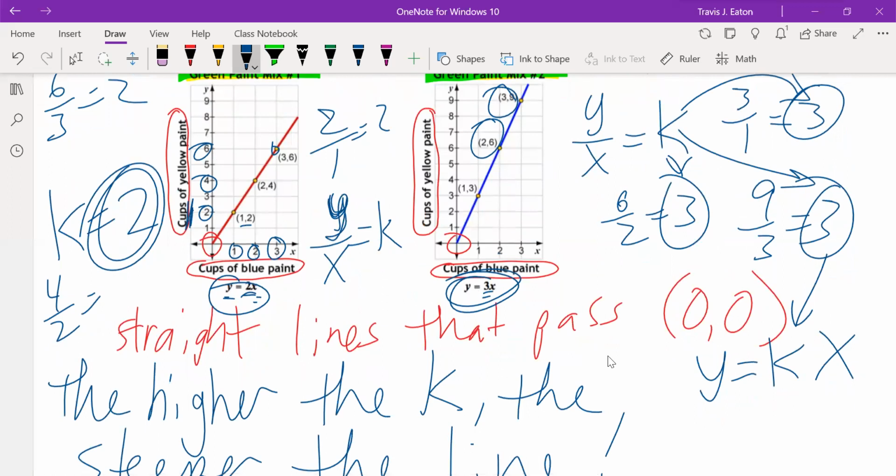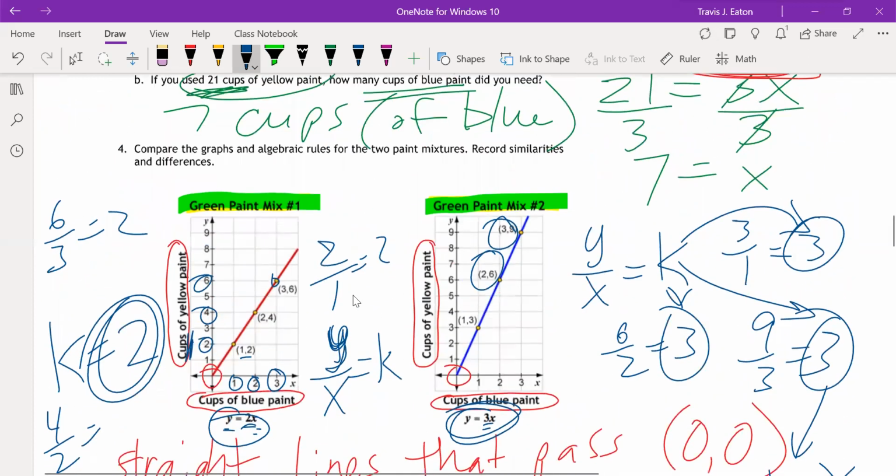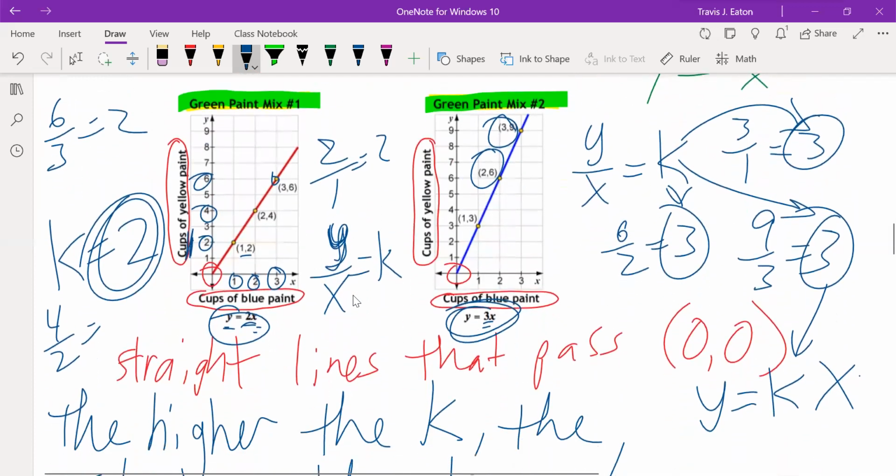All right. So I don't see any question marks in the chat. So far, so good. There are lots of similarities and some differences. They're both a straight line that passes through the origin, so they are both proportional, but their constant of proportionality is different.